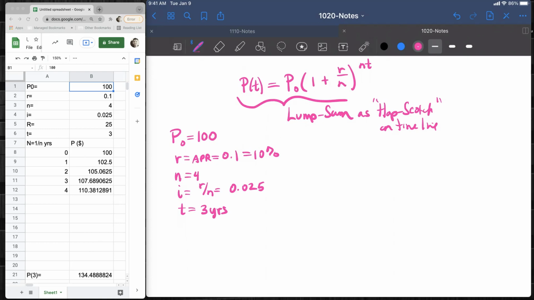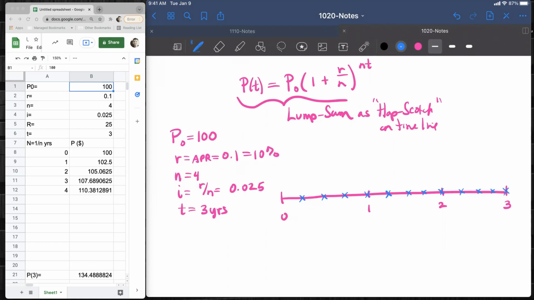One could draw this as a picture on a timeline, so I'm going to draw a timeline, and we'll have 0, 1, 2, and 3 years time. Each of those time periods you split up into 4 pieces: 1, 2, 3, 4. 1, 2, 3, 4. 1, 2, 3, 4.